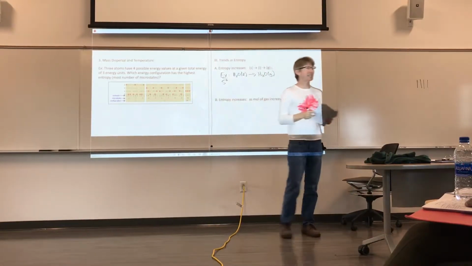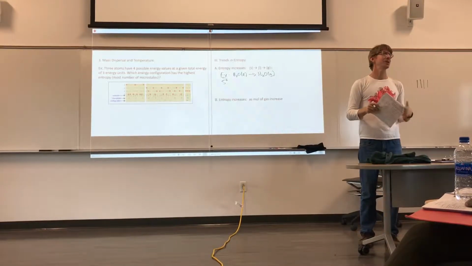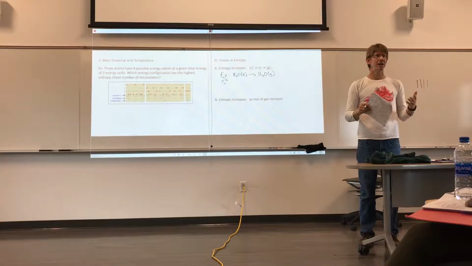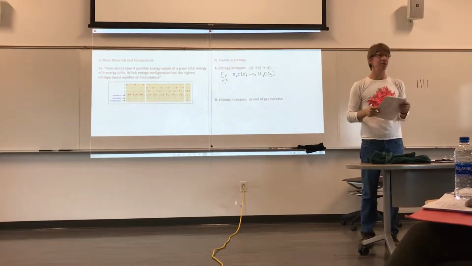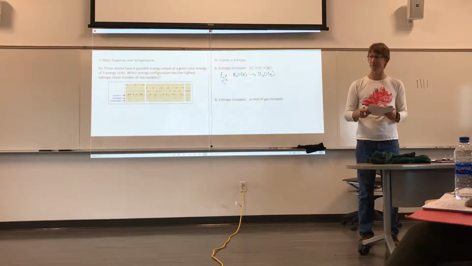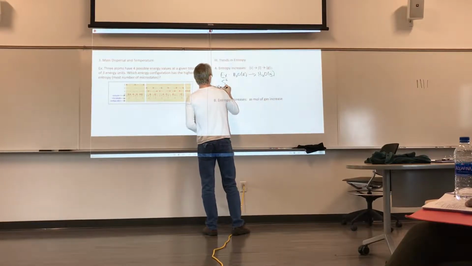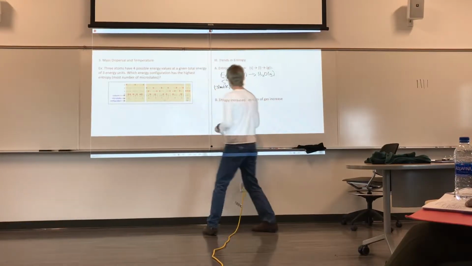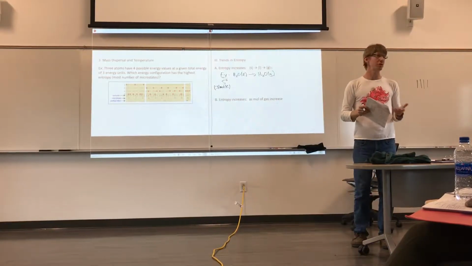They are not delta S Fs or like delta H Fs. They are just S. They're the entropy. They are not changes because they're related to the fact that there is zero entropy at 0 Kelvin for a perfect crystal. The units, however, are joules per mole Kelvin. Similar to delta HF values, you're going to look them up.